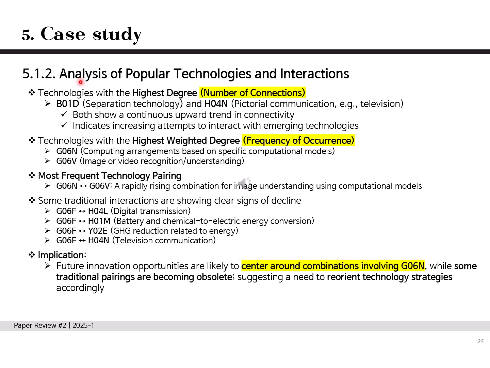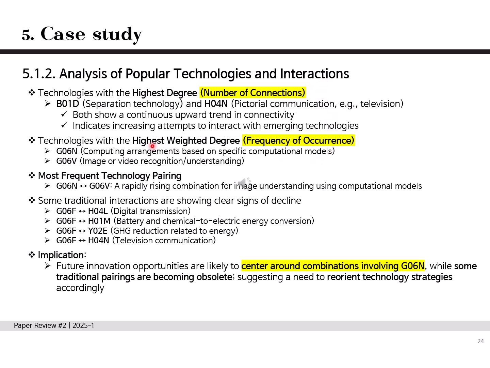In the analysis of popular technologies and interactions, for the highest degree of technology, which means the number of connections, B01D and H04N show the highest degree.